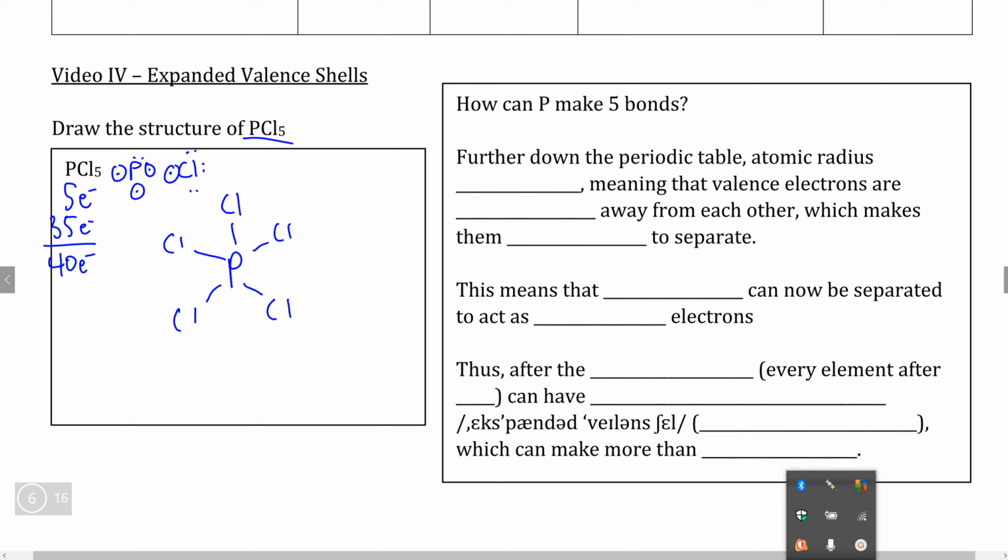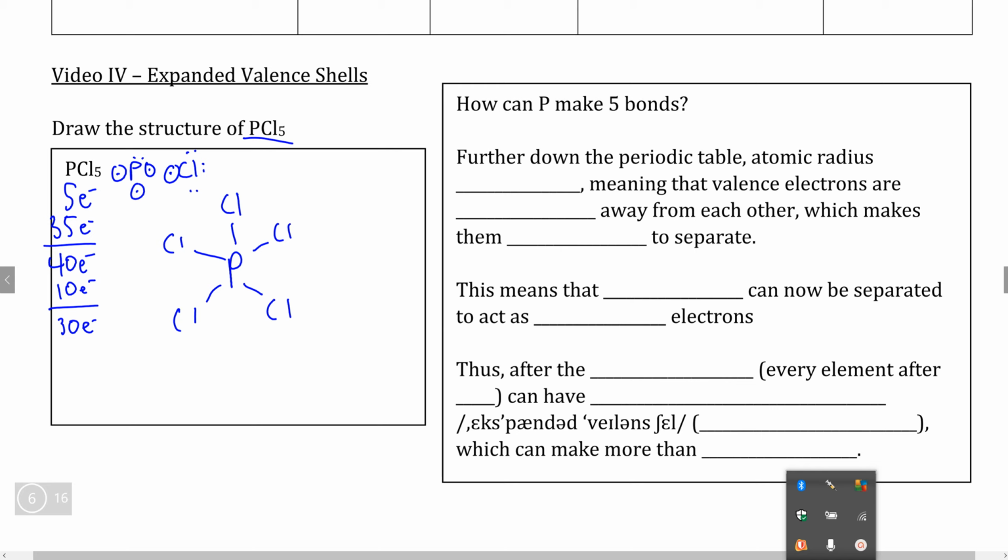So, if we count electrons that we've used, 2 electrons per bond times 5 bonds is a total of 10 electrons used so far, meaning that we have 30 electrons remaining. And now let's put all of the lone pairs back on. Let's leave phosphorus's lone pair for a second and just put the lone pairs back onto chlorine.